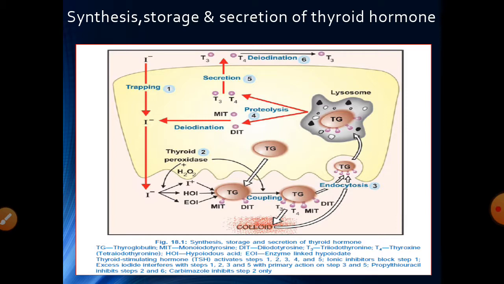Now after getting this iodide, there is conversion to monoiodotyrosine, then coupling with thyroid peroxidase, and then endocytosis takes place, and then the lysosomes capture the specific thyroglobulin, and this way the monoiodothyronine, diiodothyronine, T3 and T4 finally are synthesized, and final conversion also takes place, that is T4 is converted into T3. So this table is very important for understanding the mechanism of action. Direct questions from these tables are very rare.